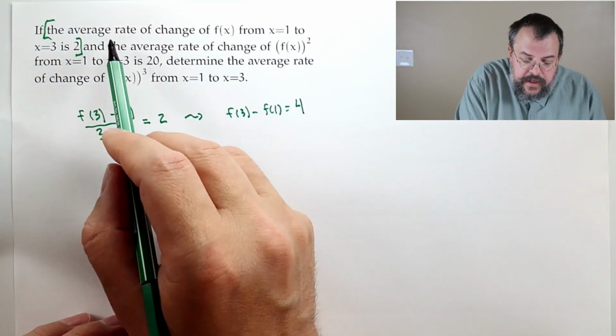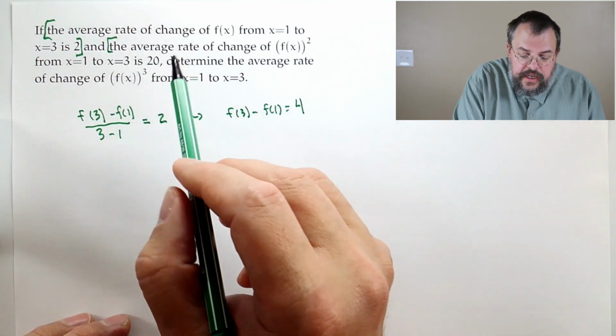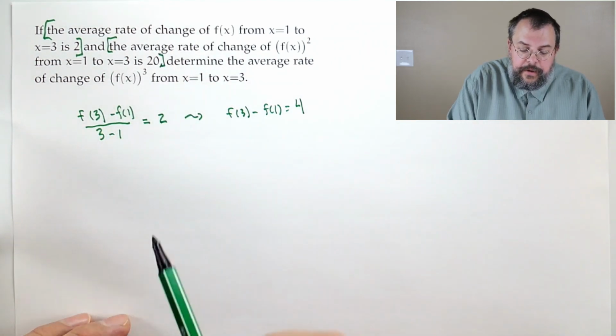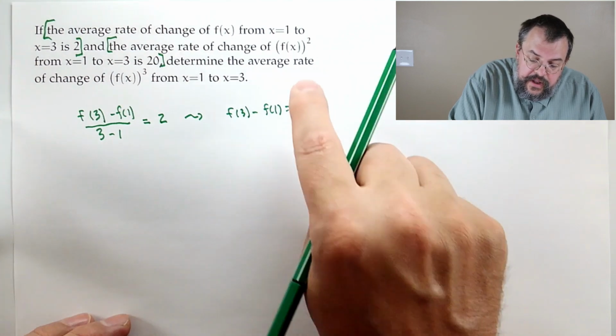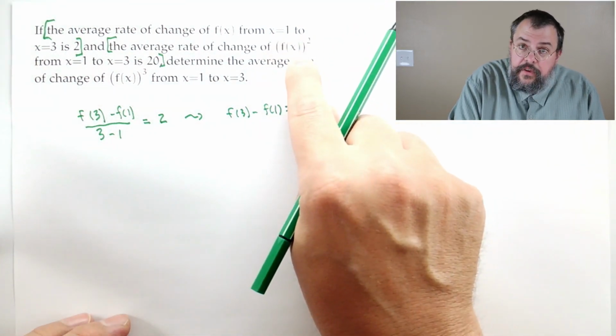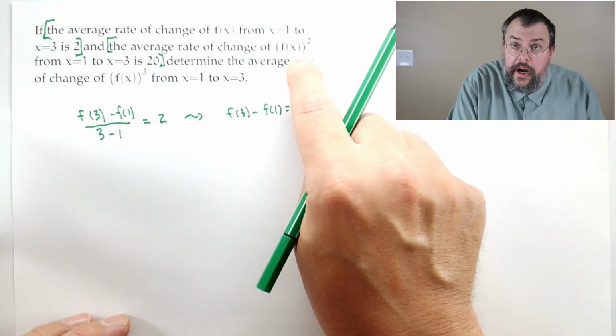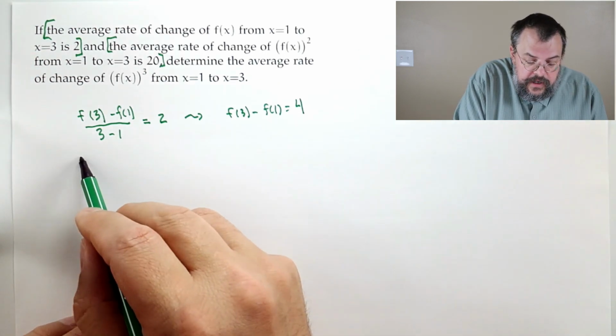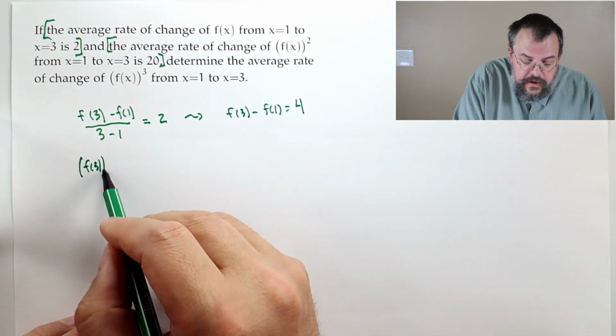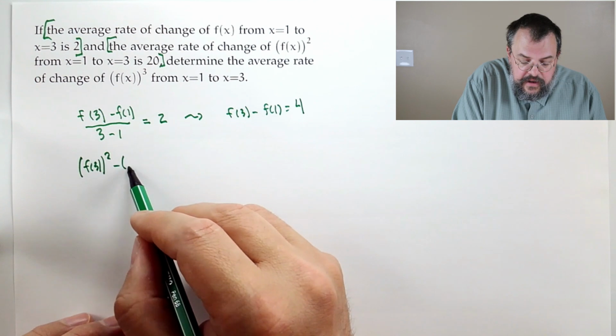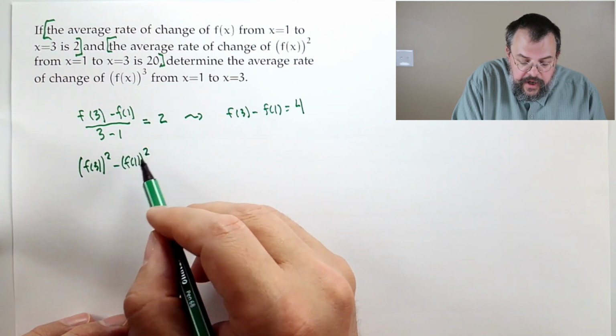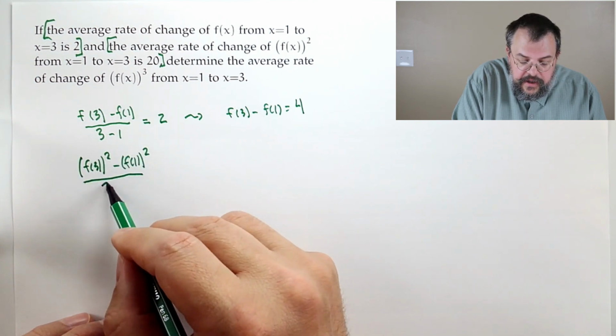Now, the next statement. The average rate of change of f of x squared from 1 to 3 is 20. So now our function that we're looking at is not f of x, it's f of x squared. So f of 3 squared minus f of 1 squared, divide that by 3 minus 1.